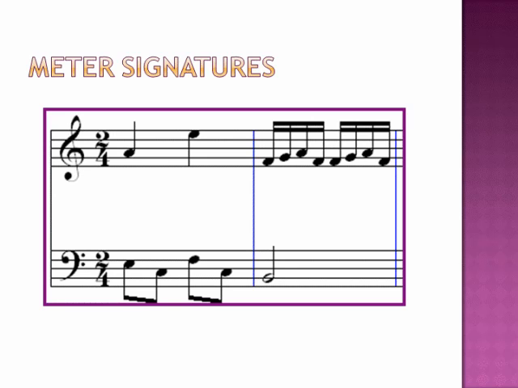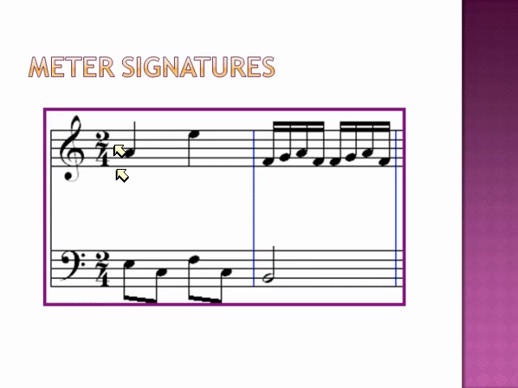We talked about this just a little bit prior. The meter signature has a top note and a bottom note. The top note indicates how many beats are in one measure, and the bottom note indicates what type of note is getting 1 beat.